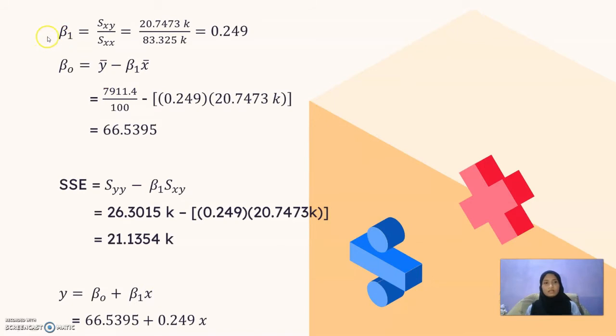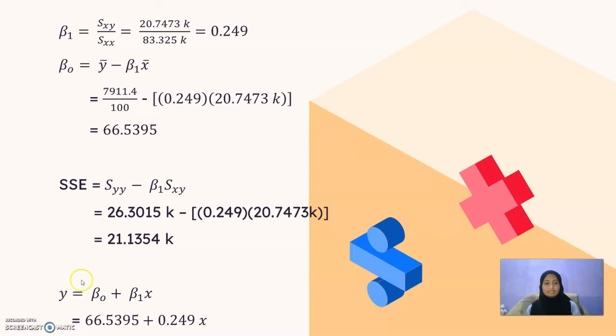This is the formula for beta 1. The beta 1 that we calculate is equal to 0.249. And for beta 0, we got 66.5395. This is the formula for SSE. We substitute all this data, and then we get the answer 21.1354k.